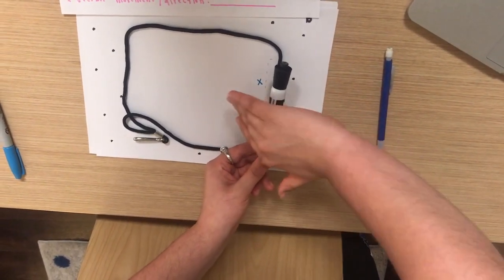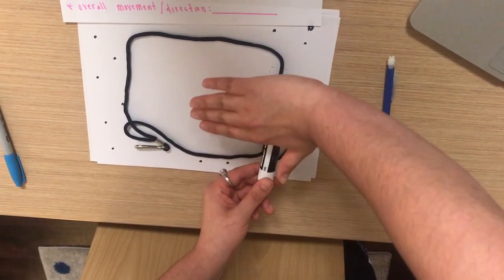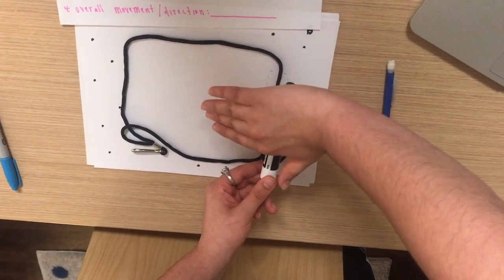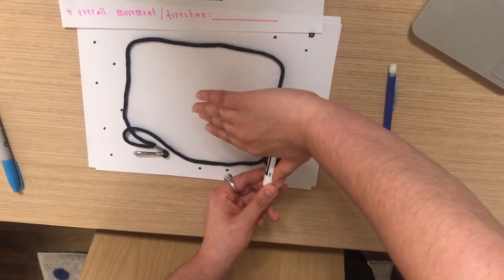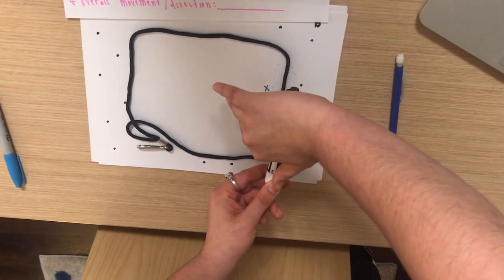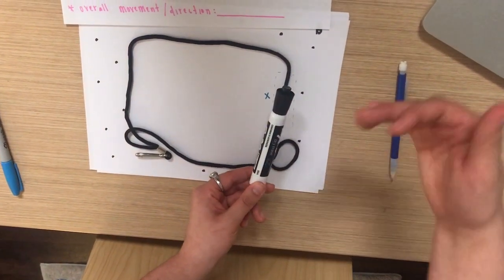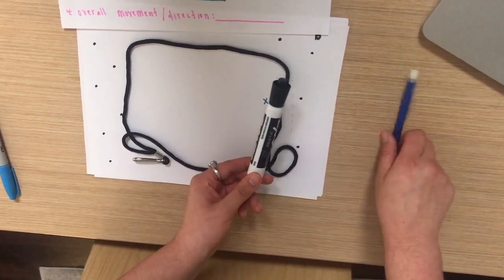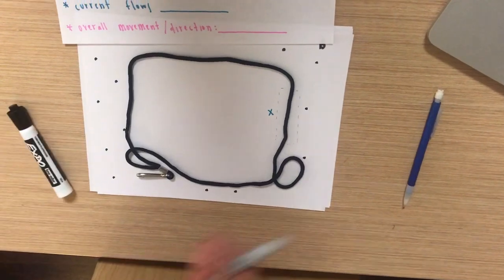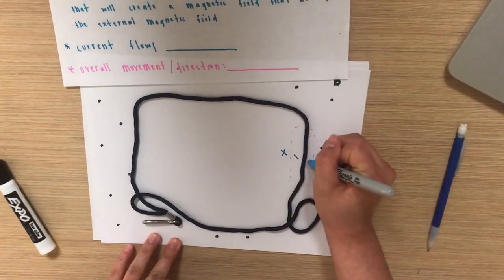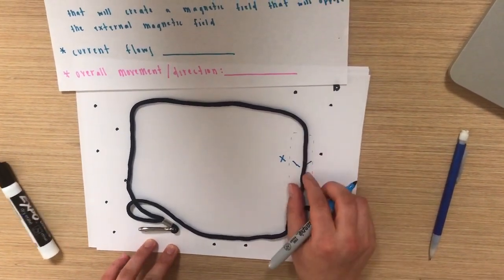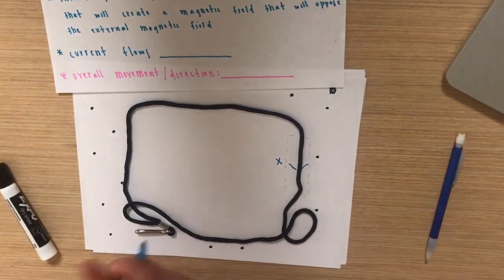My arm is bending here, but it is pointing down. So you know your current flows in a downward direction, so it'll go this way.